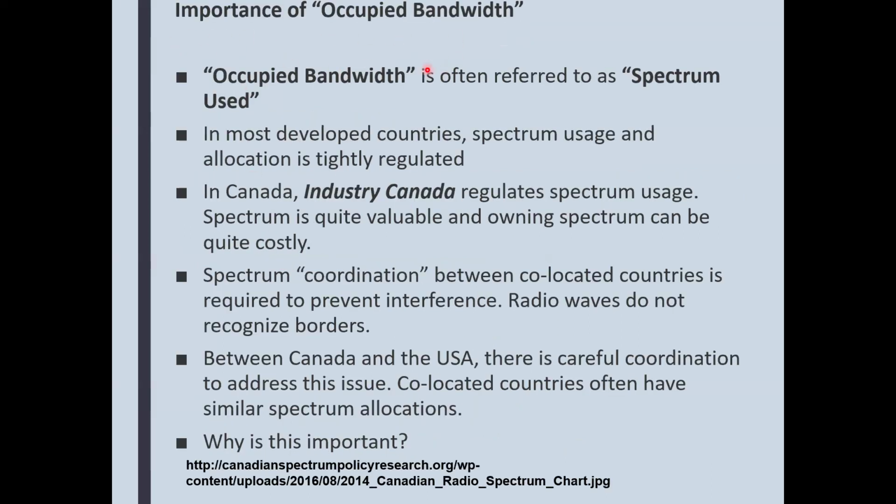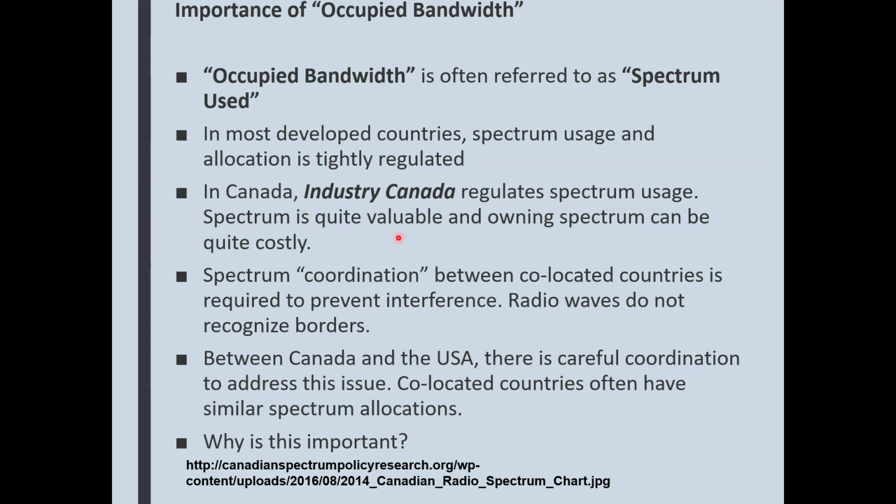The importance of occupied bandwidth. The occupied bandwidth is often called a spectrum, or the part of a spectrum used. In most developed countries, spectrum usage and allocation is tightly regulated. In Canada, which is where we are, Industry Canada regulates the spectrum usage.